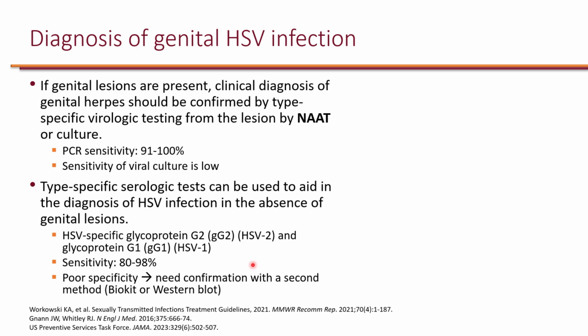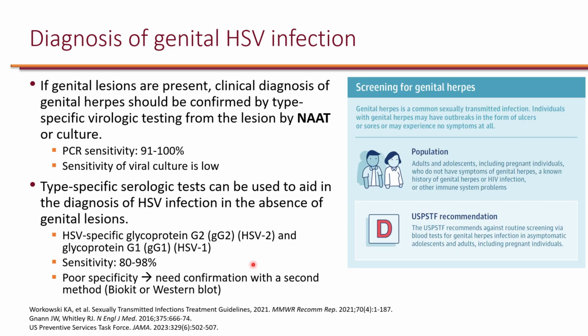Now, when it comes to screening, these are the USPSTF recommendations. They recommend against routine screening by blood test, so essentially the serology test, for genital herpes infection in asymptomatic people, including pregnant individuals. So it's not recommended.